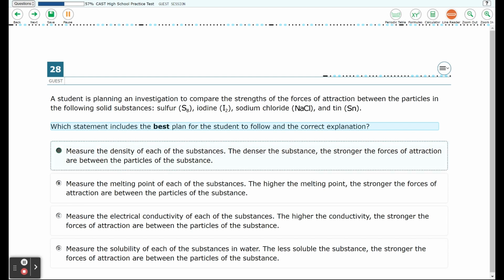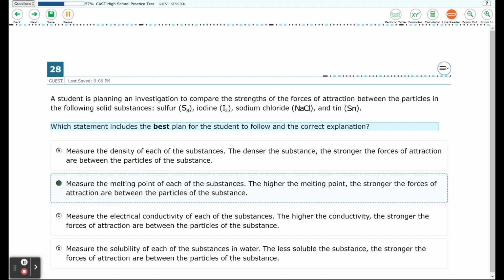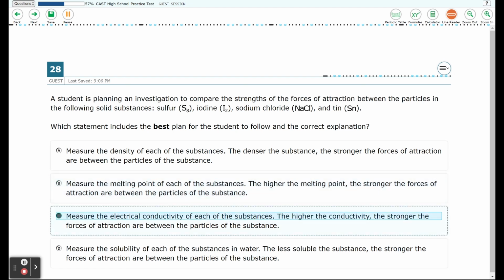A. Measure the density of each of the substances. The denser the substance, the stronger the forces of attraction are between the particles of that substance. B. Measure the melting point of each of the substances. The higher the melting point, the stronger the forces of attraction are between the particles of the substance. C. Measure the electrical conductivity of each of the substances.